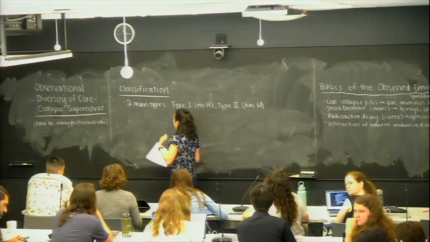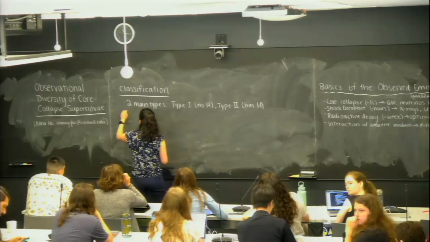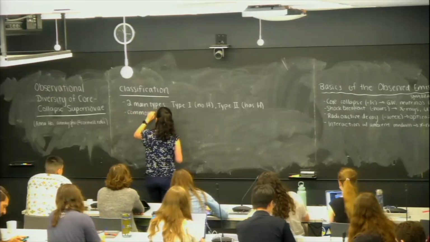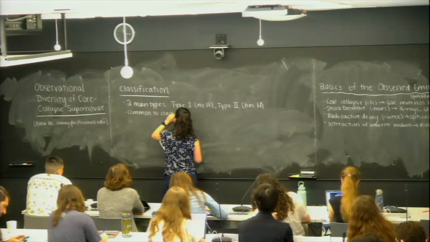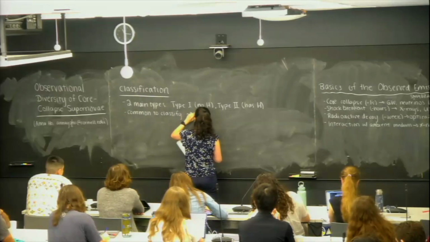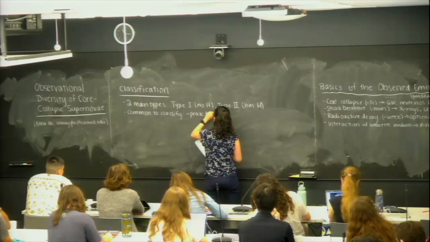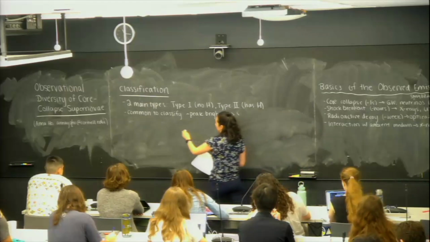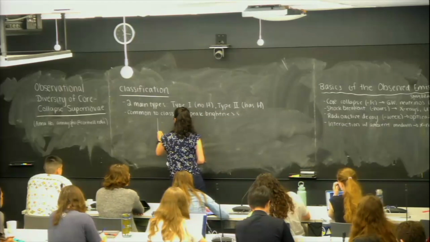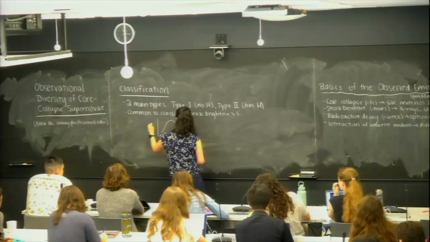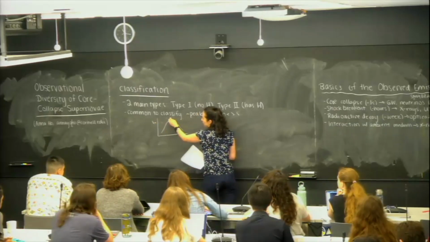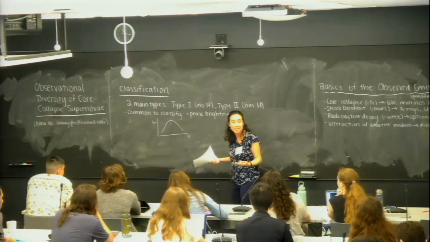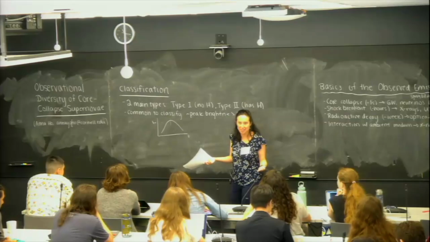One kind of caveat is that it's most common to classify around peak brightness. And by that, I mean, if the light curve looks like this, then people are often doing the spectroscopic classification when it's brightest, just because that's when it's easiest to actually do the spectroscopic classification.